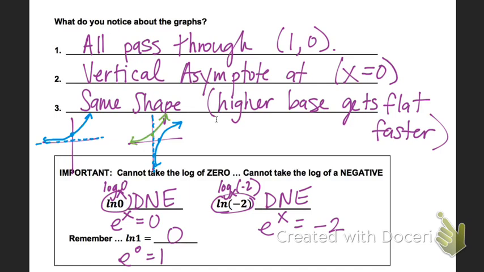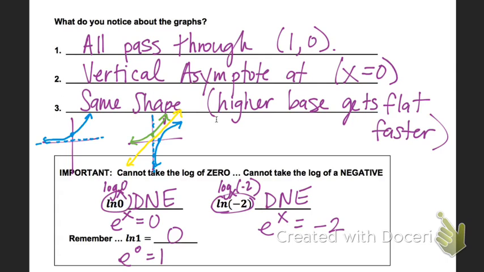When you take the inverse of any function, you're literally switching x and y, or reflecting over the line y equals x. So it's literally flipping over this diagonal line.